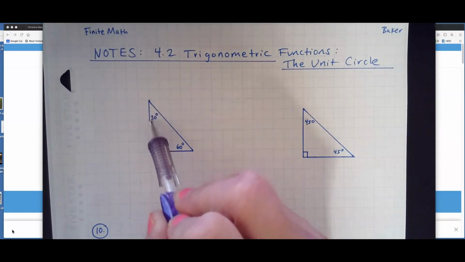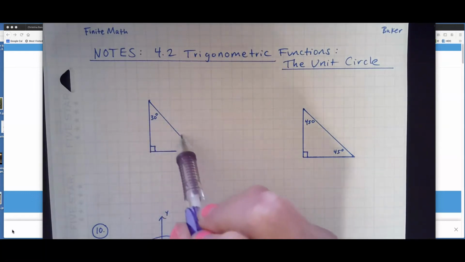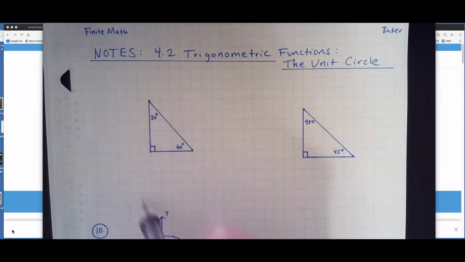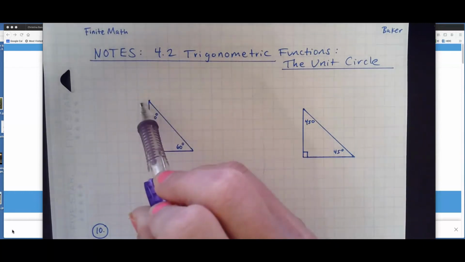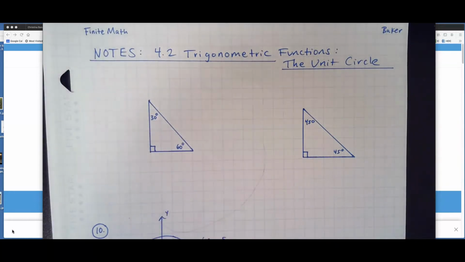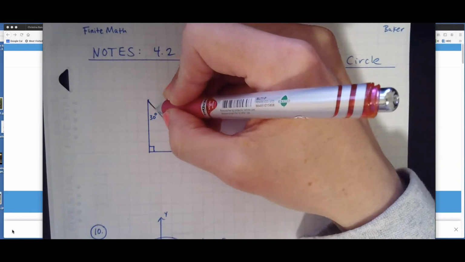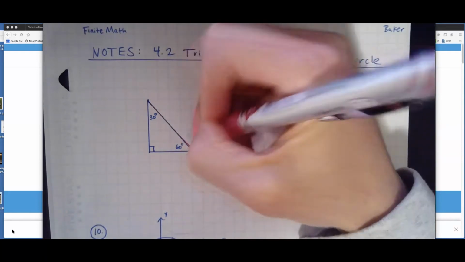So we've basically removed this right triangle from that circle, and we're going to go with the fact that the radius of the circle is 1.